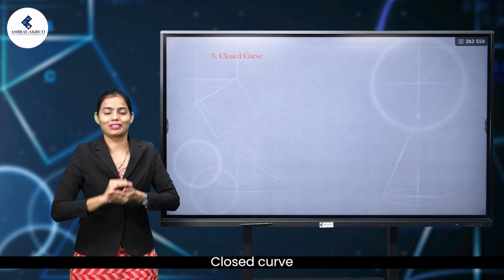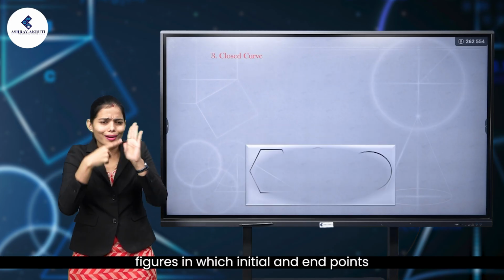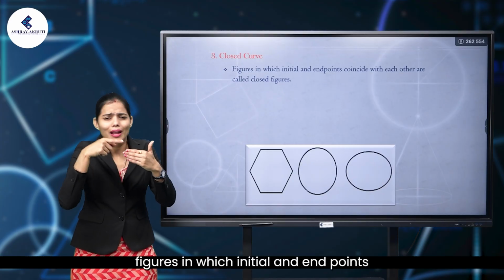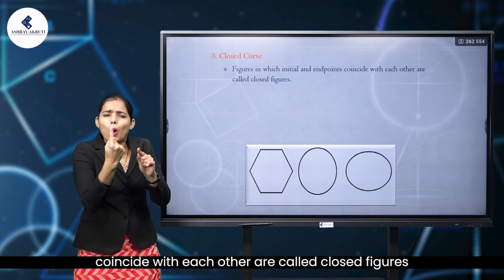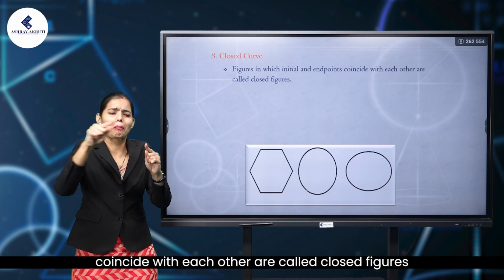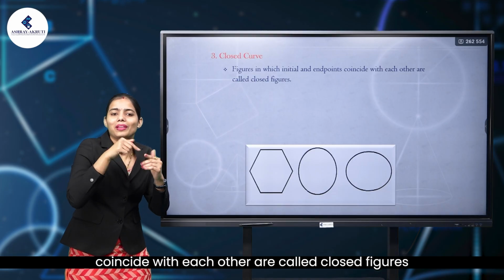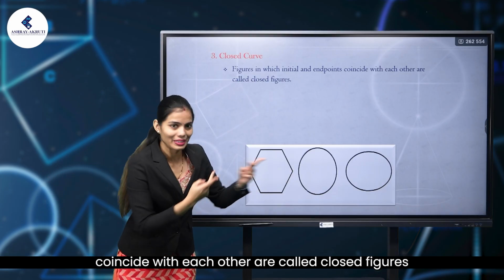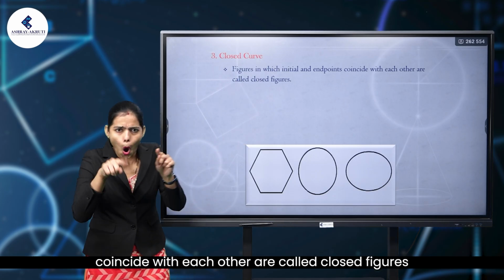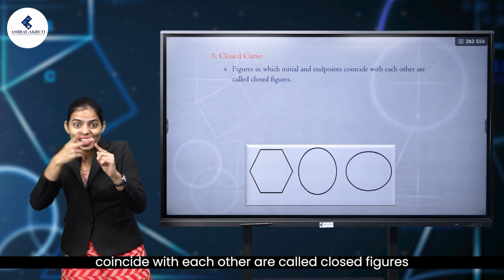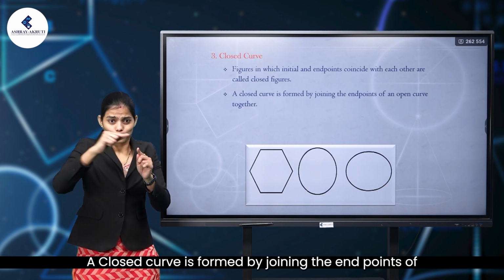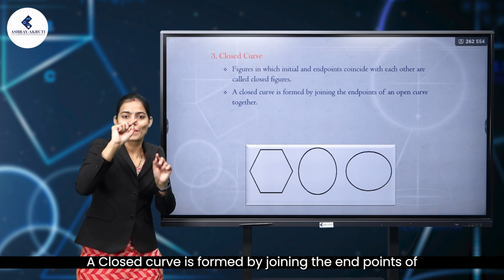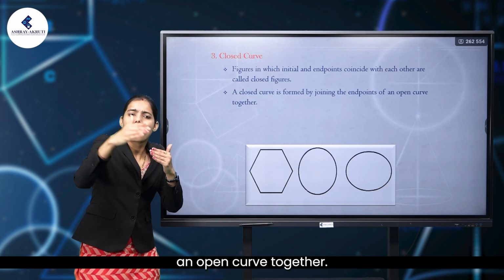Closed curve. Figures in which initial and end points coincide with each other are called closed figures. A closed curve is formed by joining the endpoints of an open curve together.